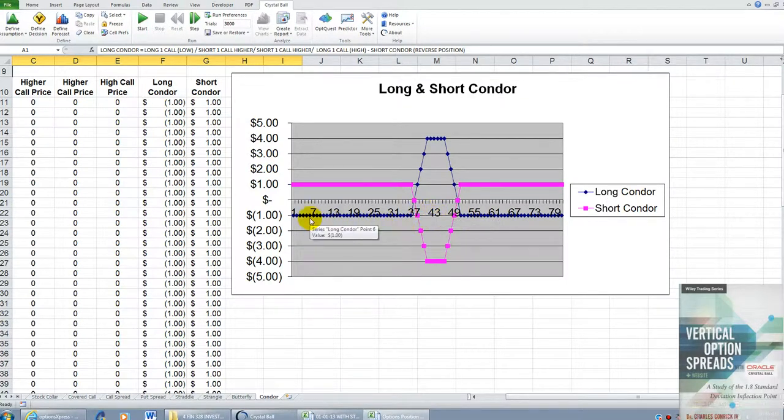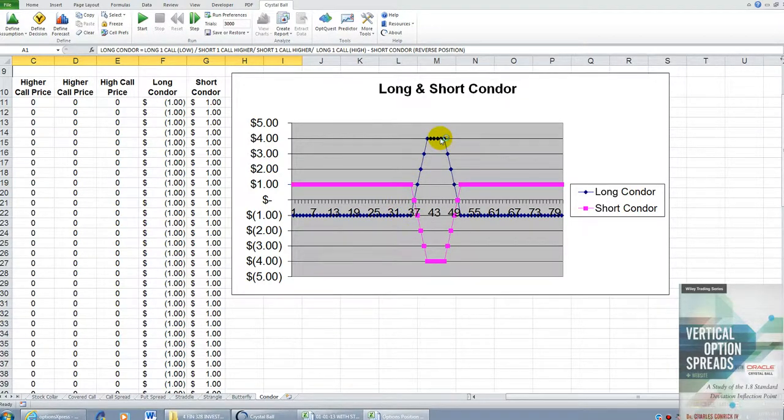condor consists of a long either put or call. In this case it'll be a put. I'm going to give you an example of an iron condor. If I bought a put at 37, which is right here, and then sold a put at 38, this would be my approximate payoff diagram.